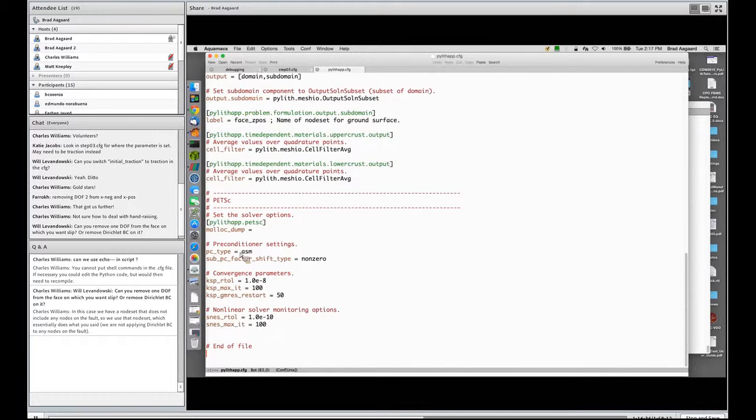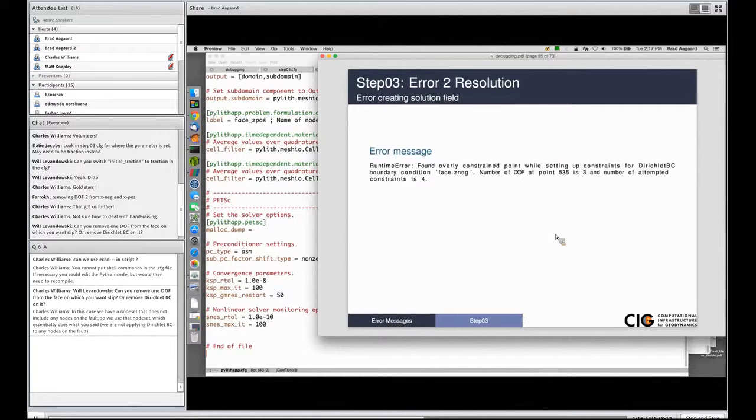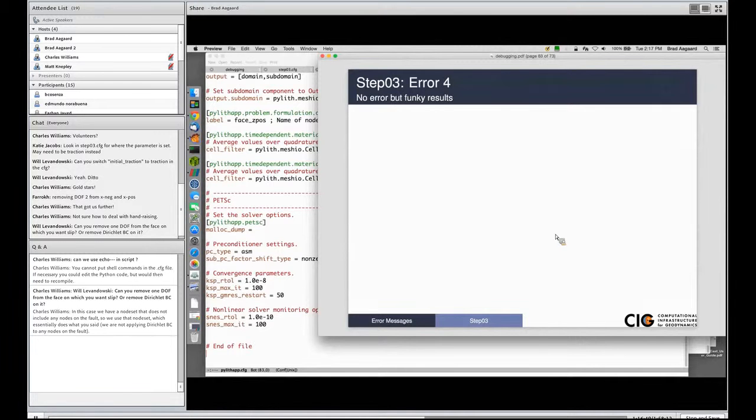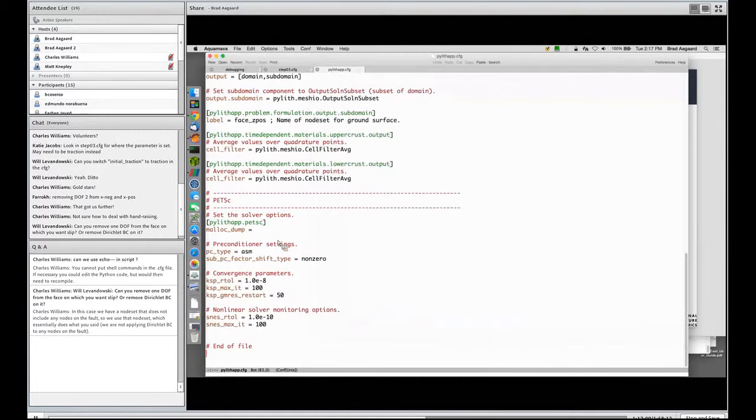So let me look at the slides. I'm going to sort of cheat a little bit here. And so here are the settings that I want. So we'll just stick them back down here in the bottom.